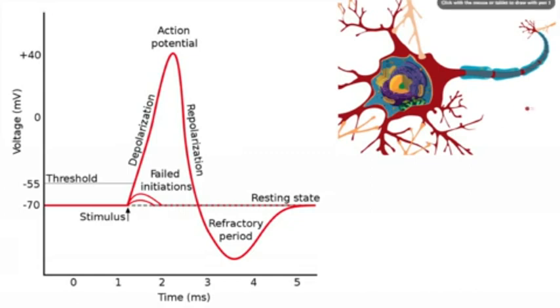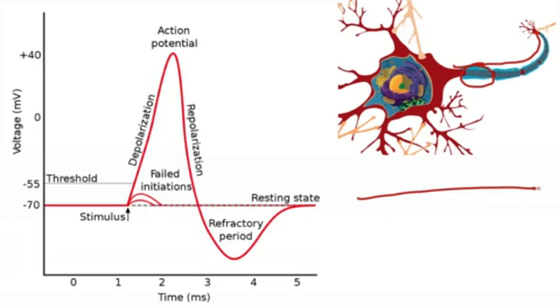Over here, we have our neuron. The part of the neuron that we are going to be focusing on is the axon. That's this region here, starts here, and it goes to about there. Now I'm going to take a section of the neuron, this part here, and draw it down here.